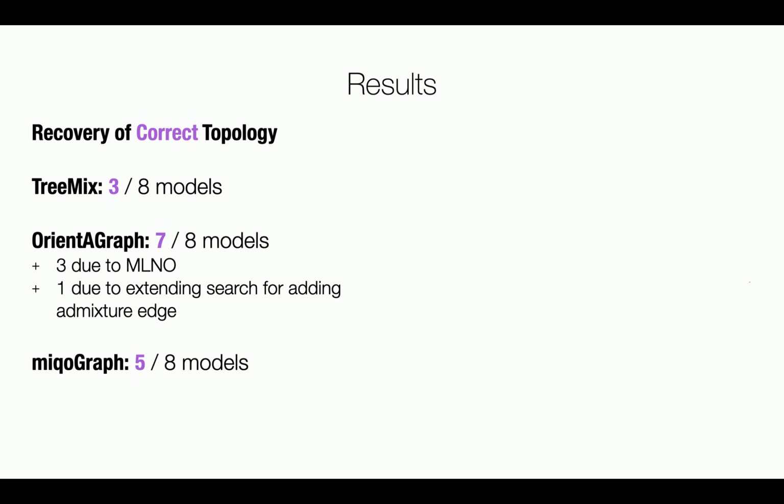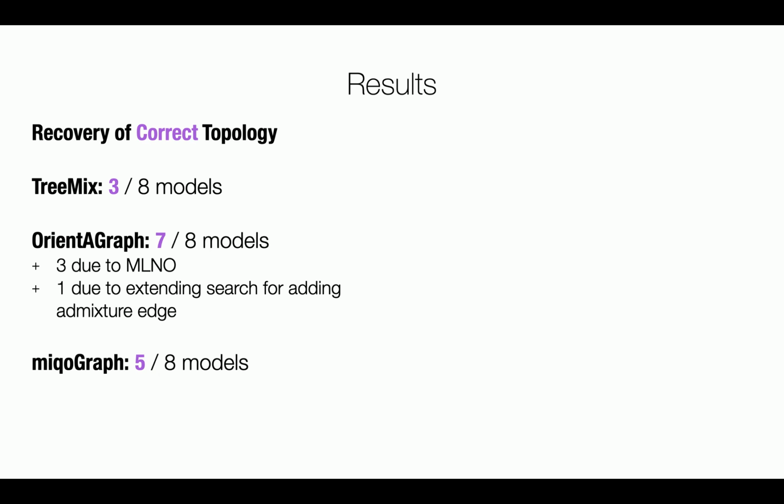So while TreeMix recovered the correct topology on 3 out of the 8 models, OrientaGraph recovered the correct topology on 7 of the 8 models, so improving the performance of TreeMix in 4 cases. 3 of these cases are because of maximum likelihood network orientation, and 1 of these cases was due to the fact that we also extended the number of edge additions explored by TreeMix when implementing OrientaGraph.